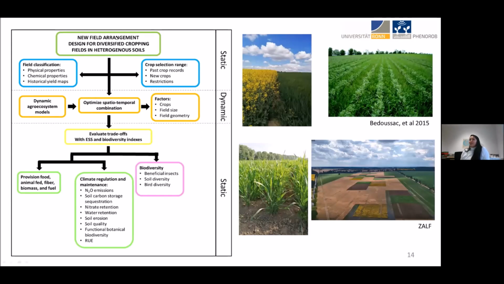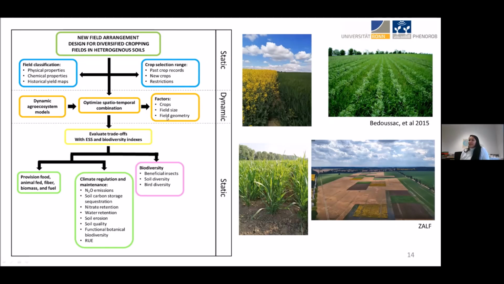So one framework that we proposed in the review paper that we submitted is basically a framework for the design of diversified cropping fields. In the first part, we have a static part, where we do the field classification depending on the physical properties, chemical properties, historical yield maps, and also the crop selection range based on the patchCROP, new crops, and different restrictions.